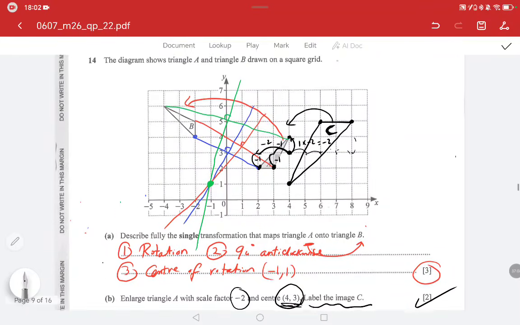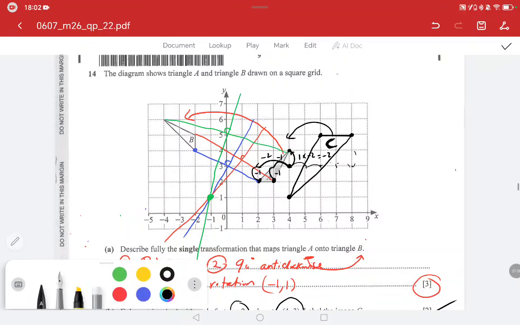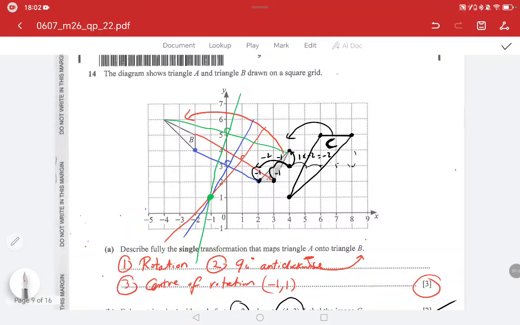If you are not sure about this one and you have a different question in exam and the question is to find the center of enlargement, what you do is you just connect the vertices, connect this one with this one. When you connect them, you will discover that all of them intersect at the same point.